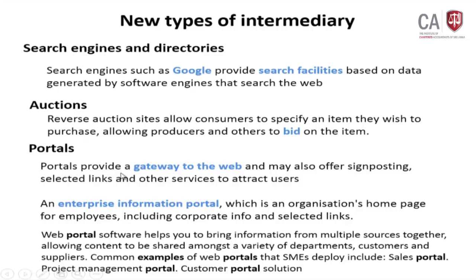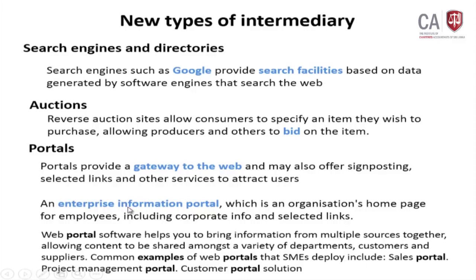Portals provide a gateway to the web and may also offer signposting, selected links and other services to attract users. In order to attract users, in the portal we can use many things like postings and links. And there is the enterprise information portal, which is an organization home page for employees including corporate information and selected links.